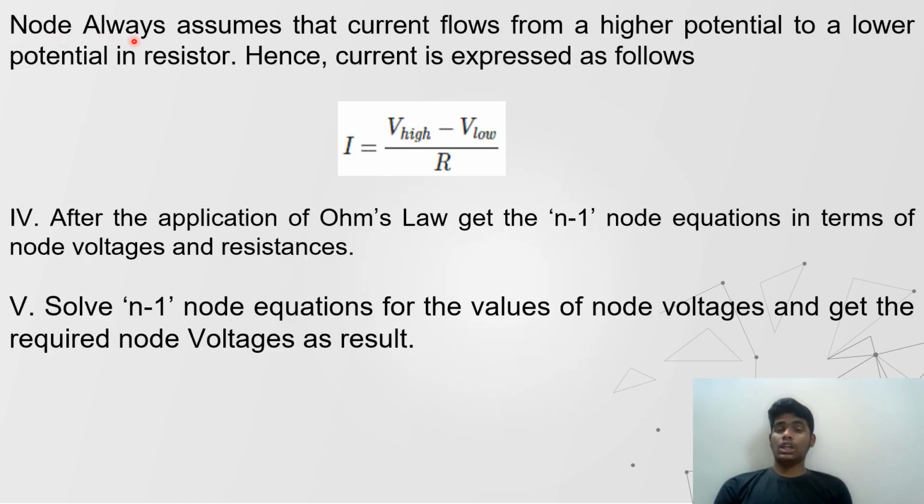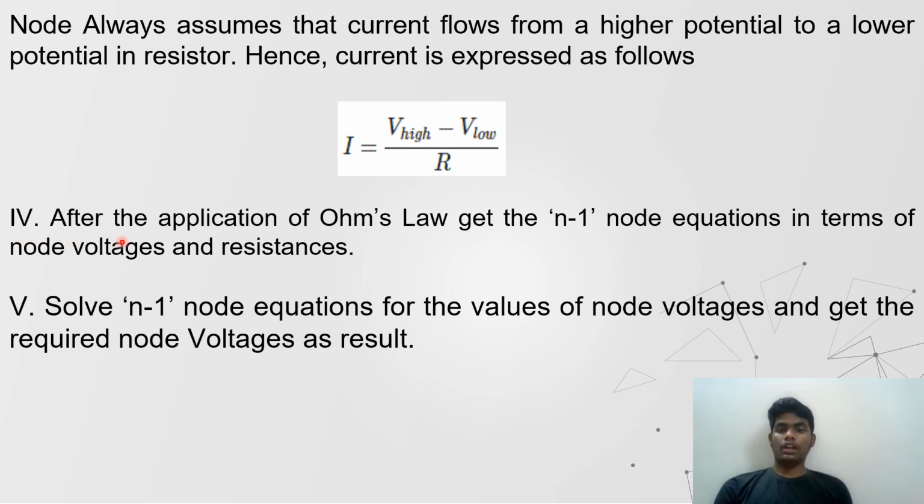Nodal analysis assumes that current flows from higher potential to lower potential in a resistor. Hence the current is expressed as I equals V high minus V low by R.